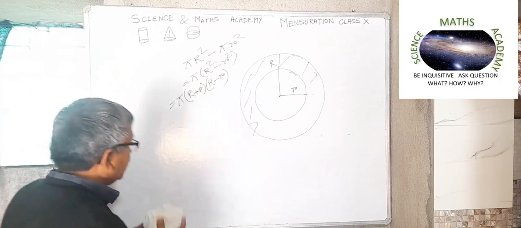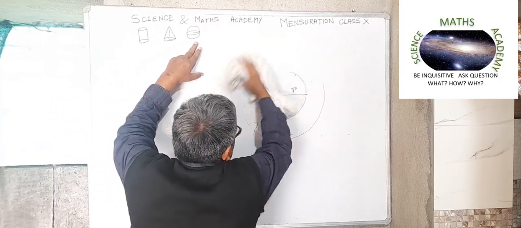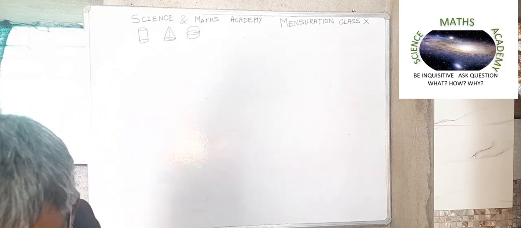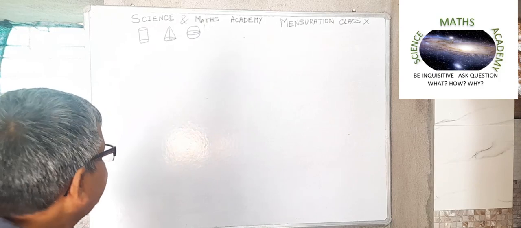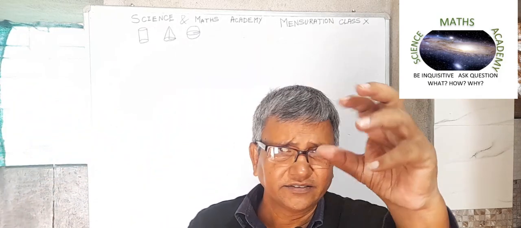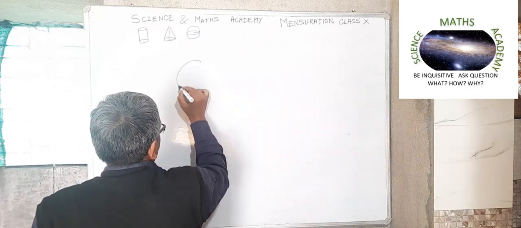Now we will come to the solids, first the sphere. The sphere will be very easy. Sphere, you know, football, cricket ball, anything. Now you have the concept of a sphere.